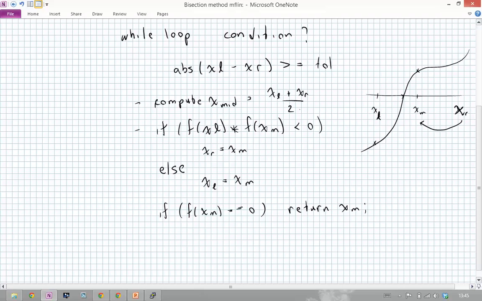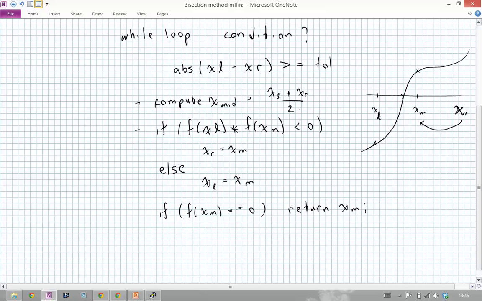So I have every expectation that this loop will stop. Of course, Danielle was correct. If my tolerance is too small, back to the machine epsilon kind of thing, I could mess things up in that way. But we're not even close to that issue here. These xl and xr are inexorably getting closer together. Because every time through, we cut the interval in half, and then either the left endpoint goes to the middle or the right endpoint goes to the middle.